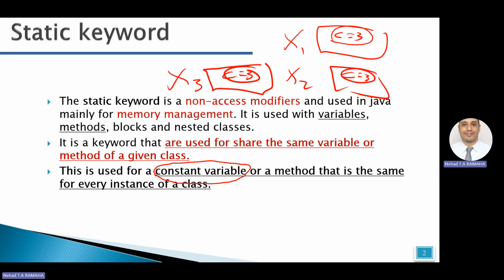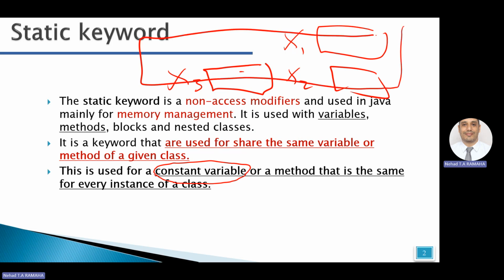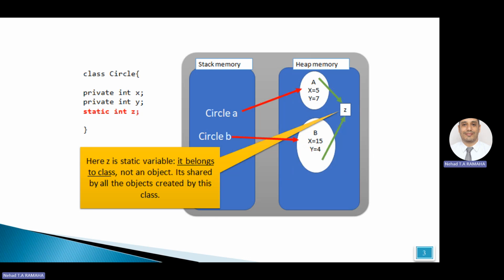Why keep all these copies of it? It's constant, so we need to keep only one copy. Where is the place that has one copy? Only the class, yes? All these objects belong to the class, so we can have C equals 3 belong to the class. Instead of repeating the constant value, we keep only one copy, because all these values are shared.